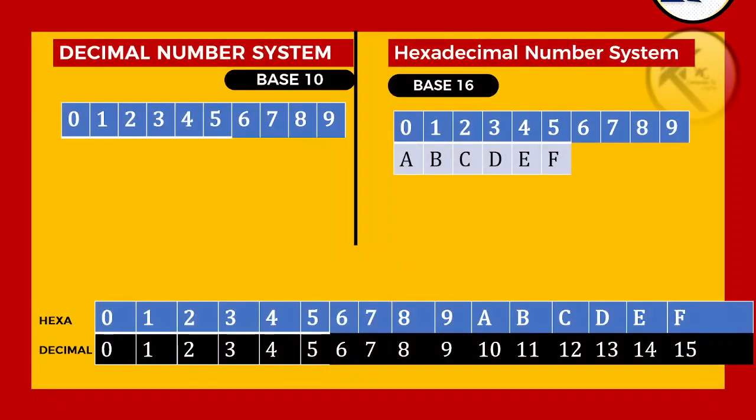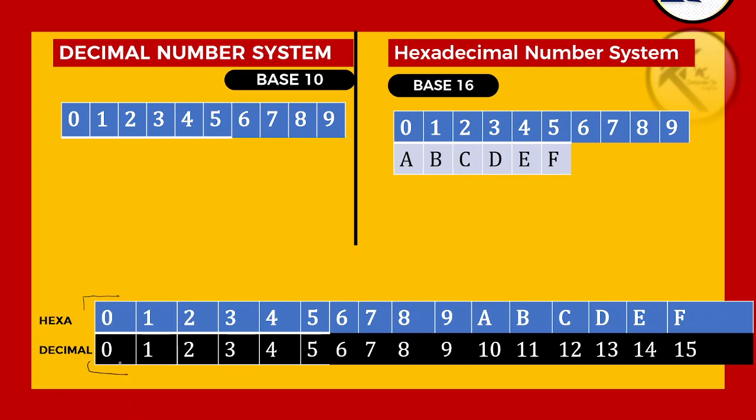So this is the basic information which we must have while performing these calculations. Decimal number system is base 10 and hexadecimal is base 16, and these are the set of unique symbols each number system has. And you must also know the hexa equivalent of the first 16 symbols and their decimal equivalent.